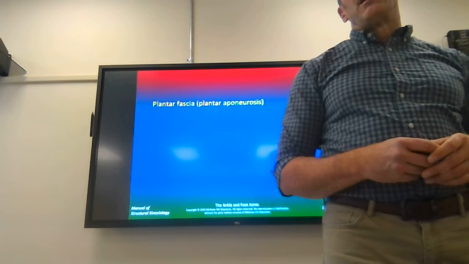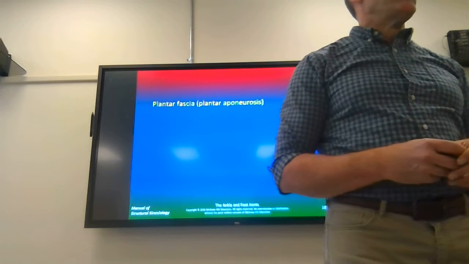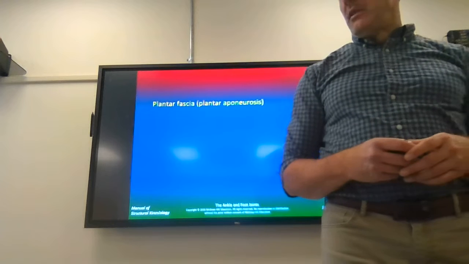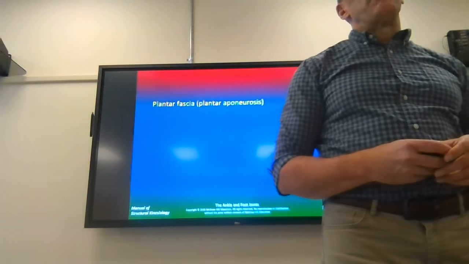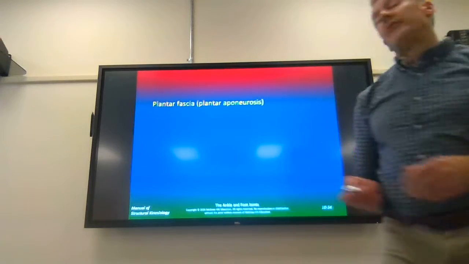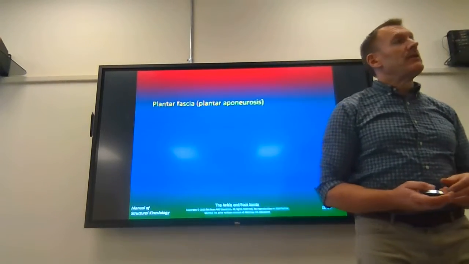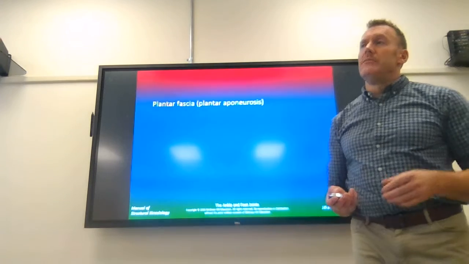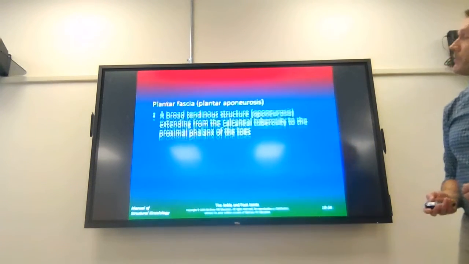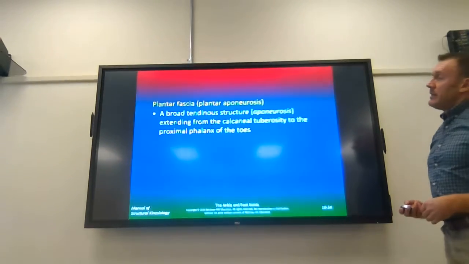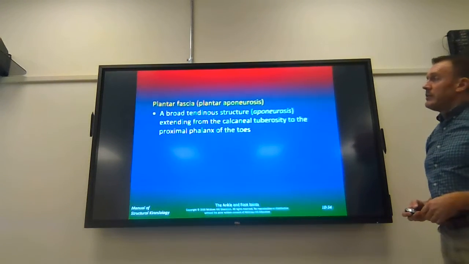A lot of your intrinsic muscles of the foot are located just underneath this aponeurosis. In fact, you have 4 layers of muscles that are intrinsic to the foot that are just proximal to this aponeurosis.